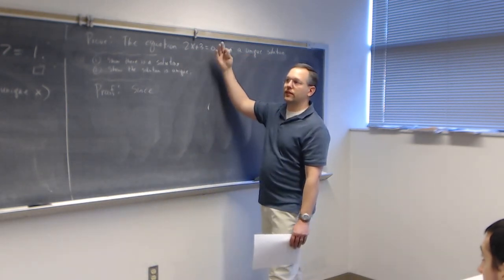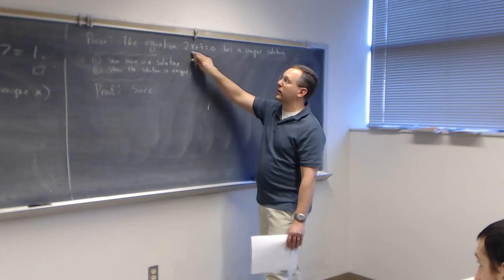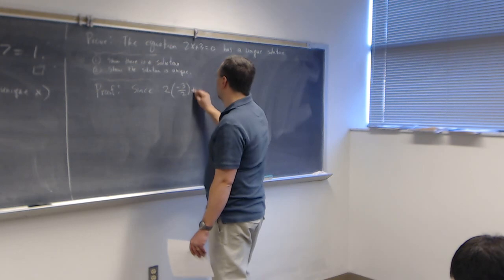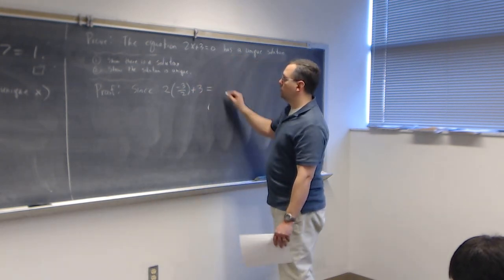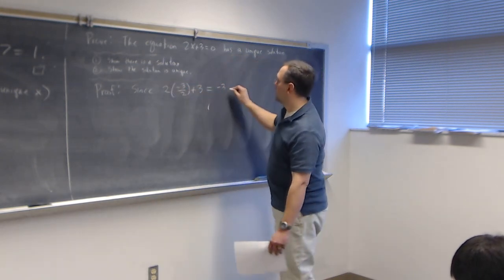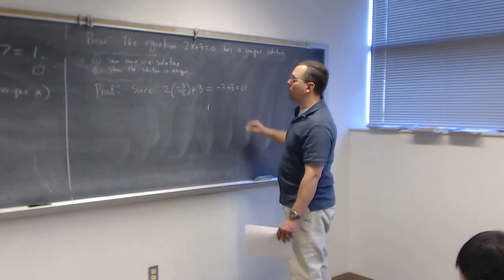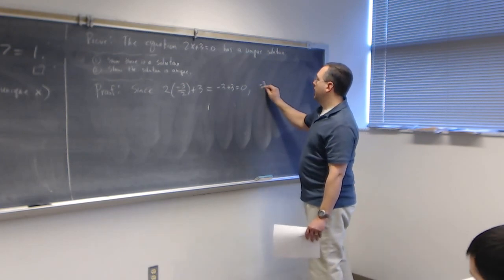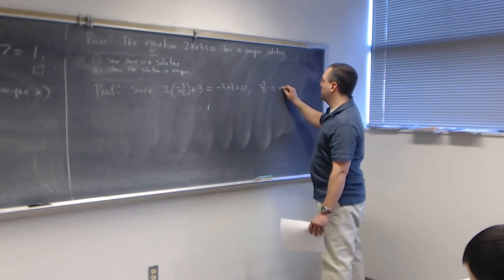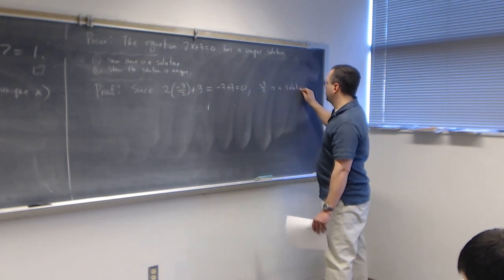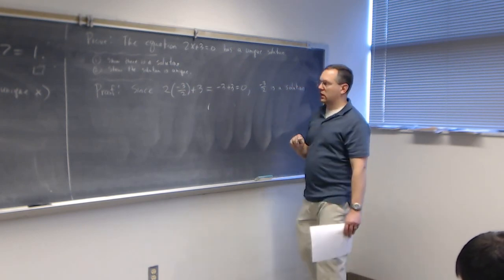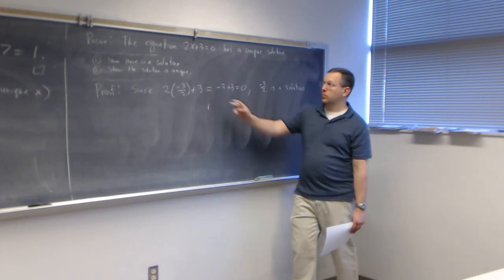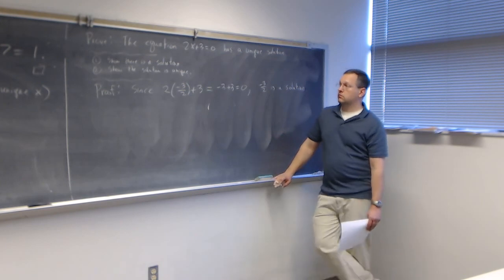So 2 times negative 3 halves plus 3 equals, well, the 2's cancel here, so it equals negative 3 plus 3 equals 0. Negative 3 halves is a solution. Is that clear? You can plug it in the equation and you get a true statement.